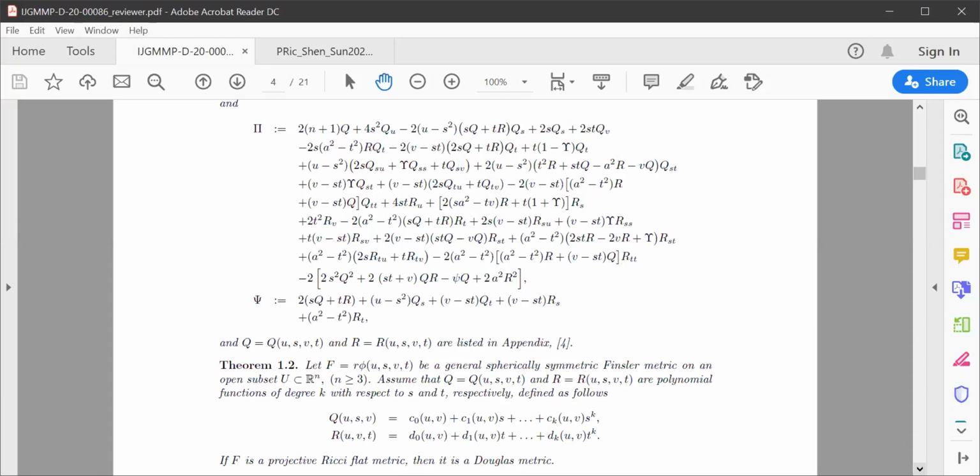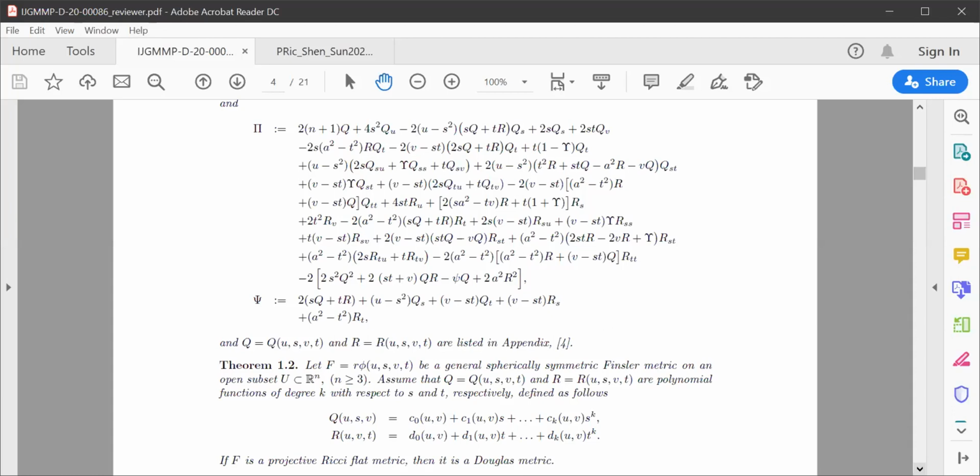Okay. Now this part, I think they should at least say, assume that Q is independent of T, and R is independent of S. Otherwise, they will say, oh, did you forget T, right?